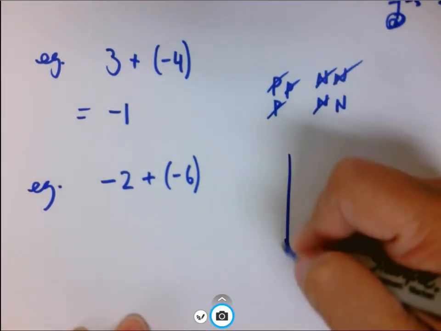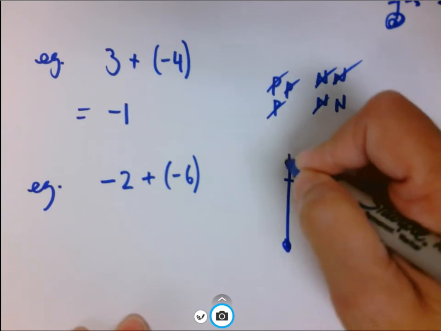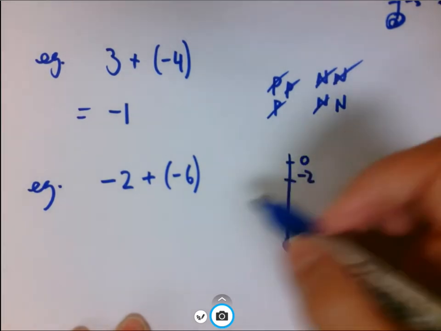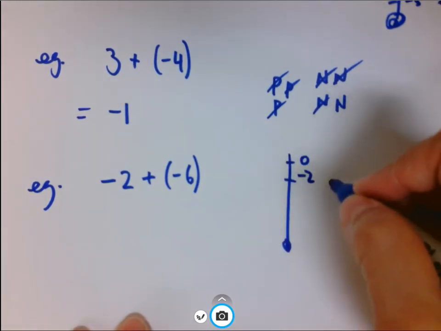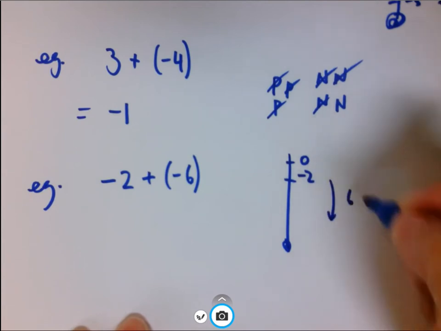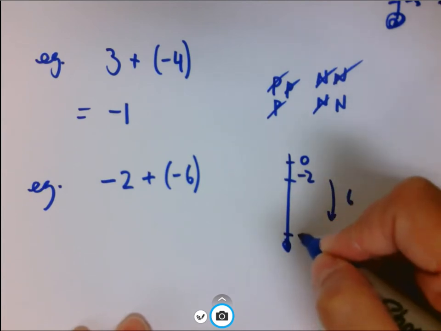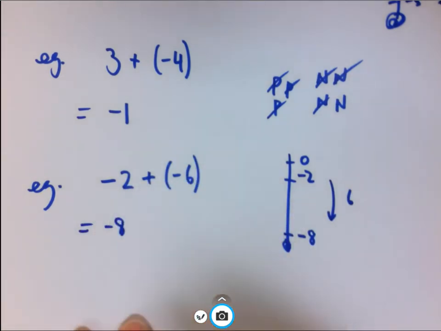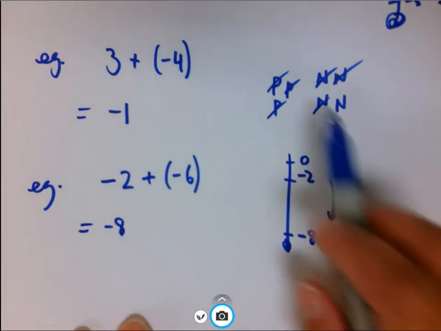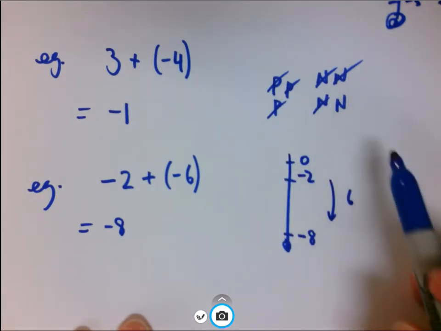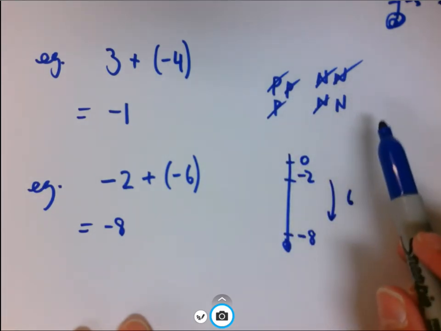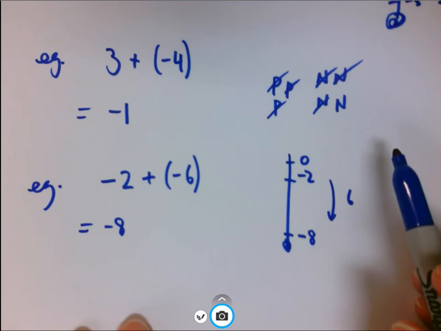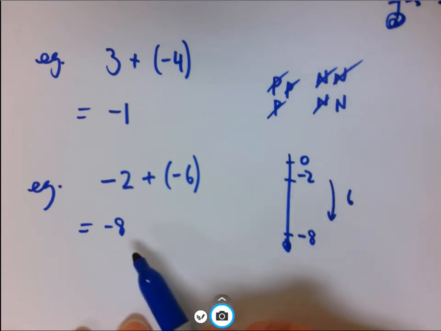So the temperature is -2, here's 0 here, and we're adding cold. So we're going to go down 6, which brings me to a negative number, -8. Okay, and if you're doing this with the collecting things, you'll have 2 negatives and another 6 negatives for a total of 8 negatives. So -8. Okay, so that's your addition.